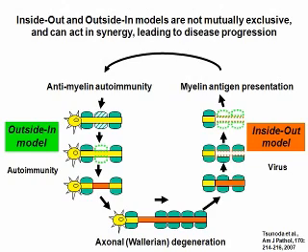If this is true, this vicious cycle can occur regardless of whether lesions develop initially from the inside or the outside. It is also reasonable that two types of lesions can be seen in one MS patient.